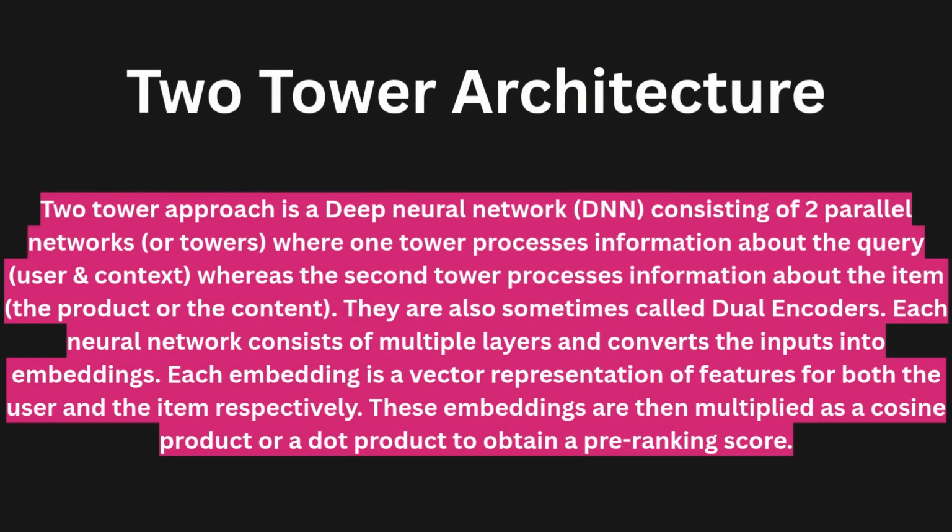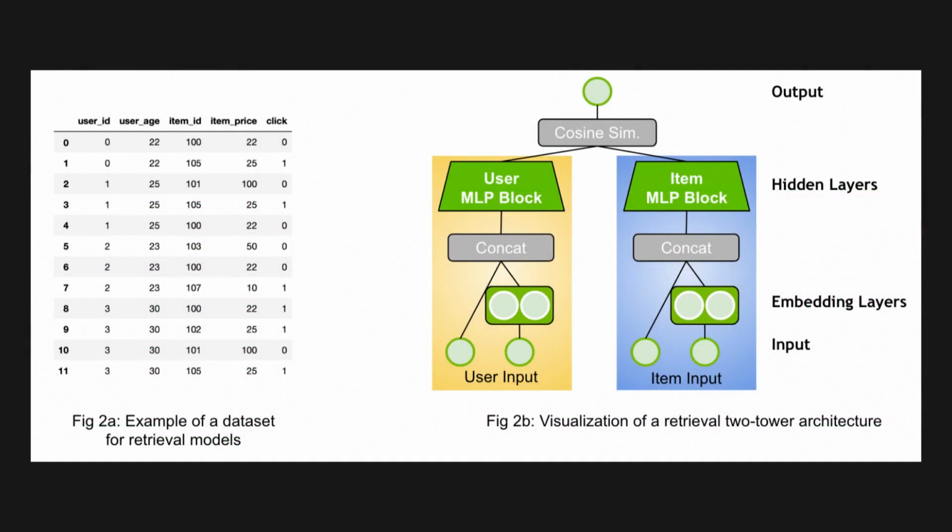The best way to implement a retrieval model is through a two tower architecture. So you can think of them as two independent neural networks. One is the user tower and the other one is the item tower. The user tower processes user-specific information like user ID, historical behavior, demographics, time of day, and outputs a dense user embedding vector. Whereas the item tower processes item-specific features like item ID, category, metadata, and outputs a dense item embedding vector.